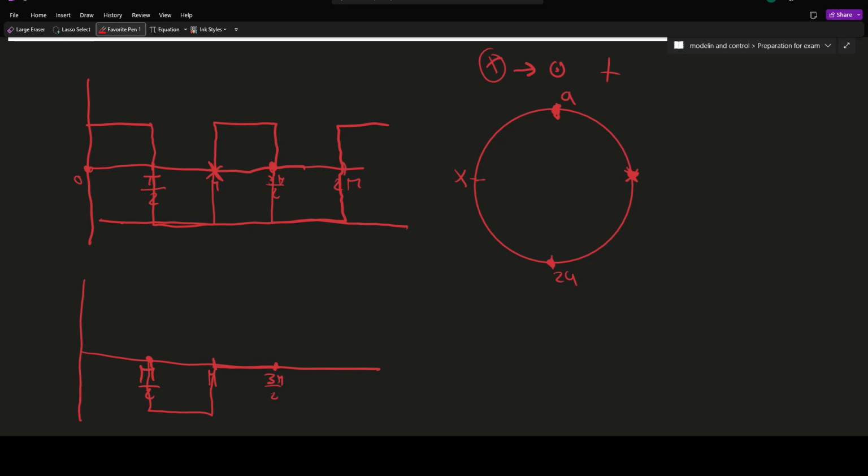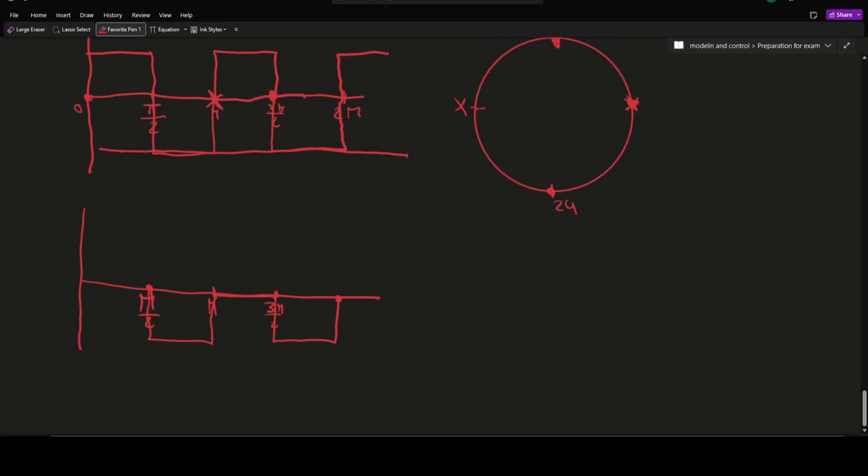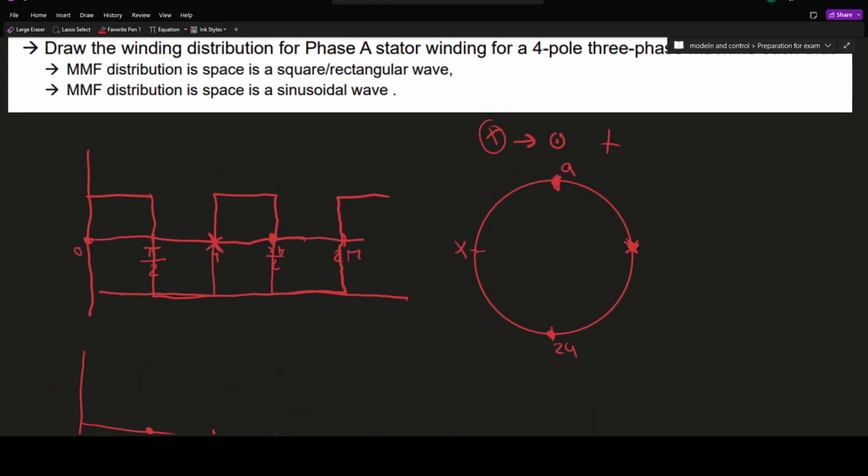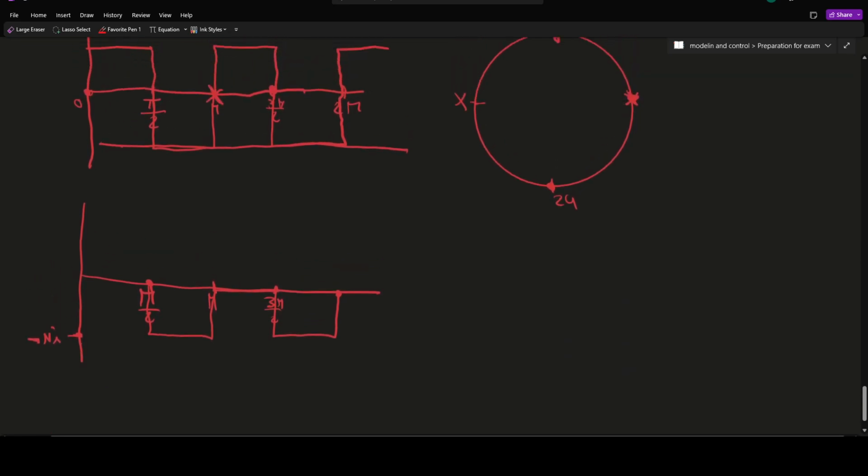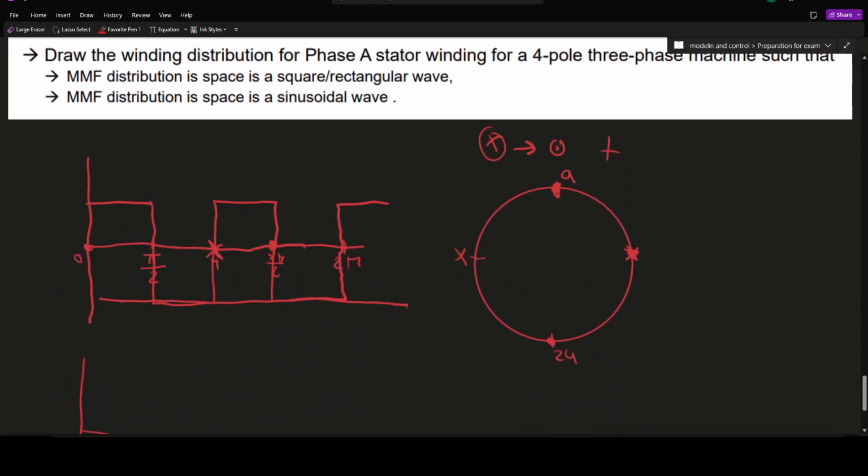From 3 pi over 2 to 2 pi, they are both positive, so we are going to have the distribution. And in terms of the magnitude, this is going to be minus N I because we are adding 2 N I over 2. Okay, so this is how we can get the square wave.